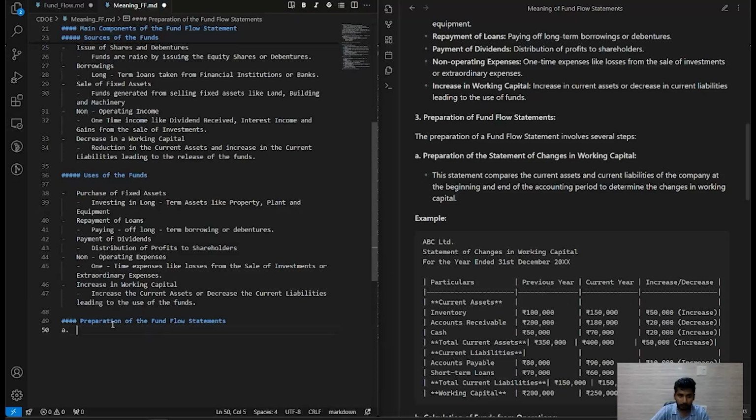Number one, preparation of the statement of changes in working capital.